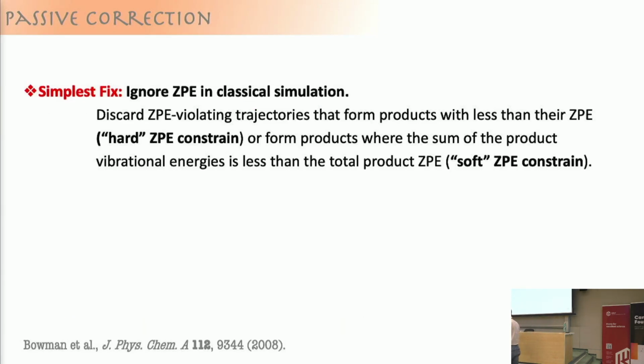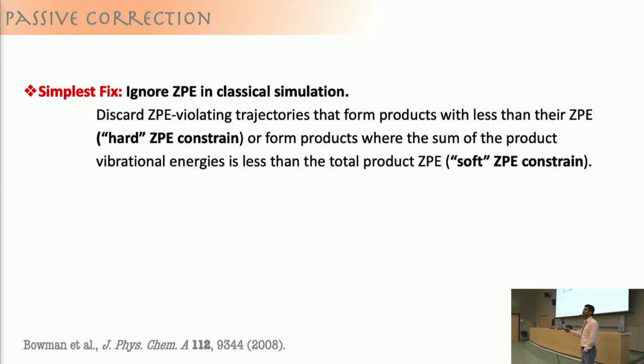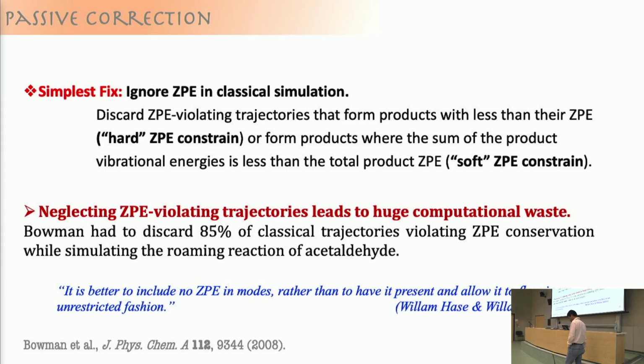Okay, you have a simplest fix. Always there will be a simplest fix, right? You ignore the zero-point energy. But then after you calculate all the trajectories, you discard the zero-point energy violated trajectories by looking at the individual product, or you sum all the products, and you can discard these trajectories. Very simple. But then you have to discard a lot of trajectories.